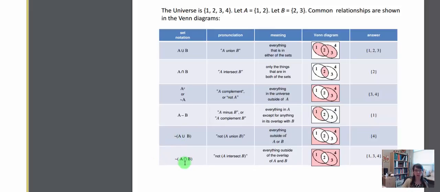And we have 2 different situations with not the union of 2 events and then not the intersection of 2 events. So you might find this set logic notation sheet helpful for the next part of the project.